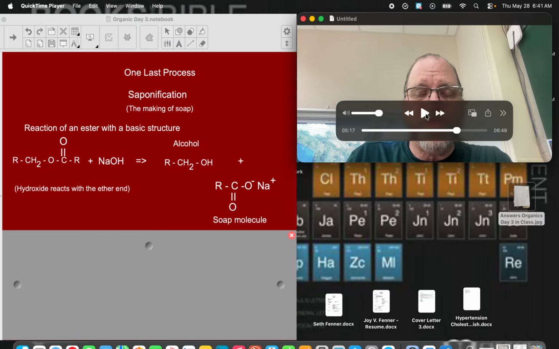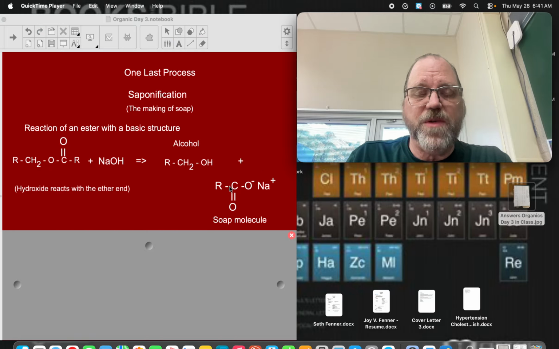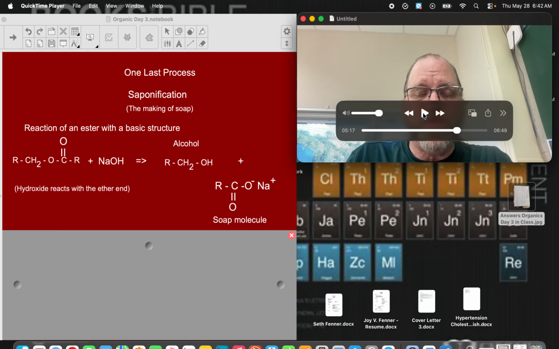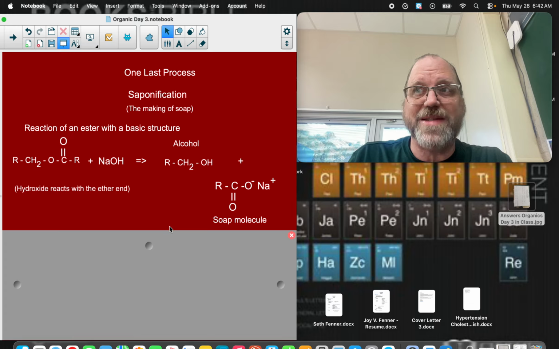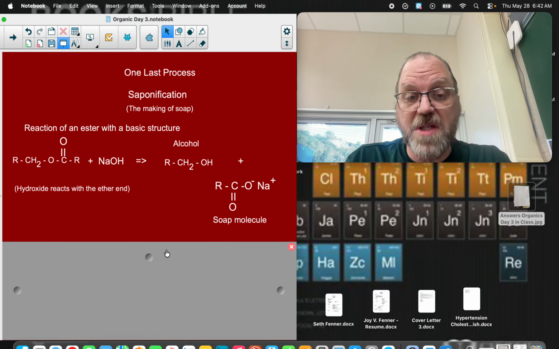Let me explain a little better. This R end is a nonpolar end. It goes into the dirt because dirt is nonpolar. This negative end here, that is polar. It will go into water, and so it works in that way. Safer, softer, less alkaline soap systems.